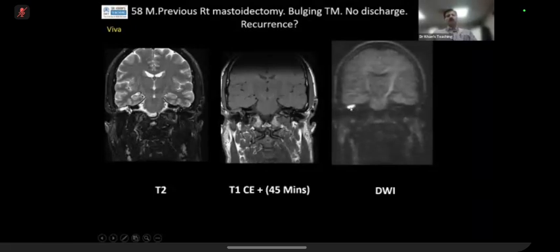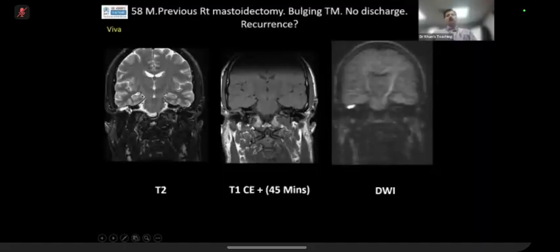So you did very well where you picked it up. If it was only fluid, it will be high signal on T2, and it will not show restricted diffusion. Granulation tissue can be high signal on T2, but it can show delayed enhancement. Because granulation means fibrosis.